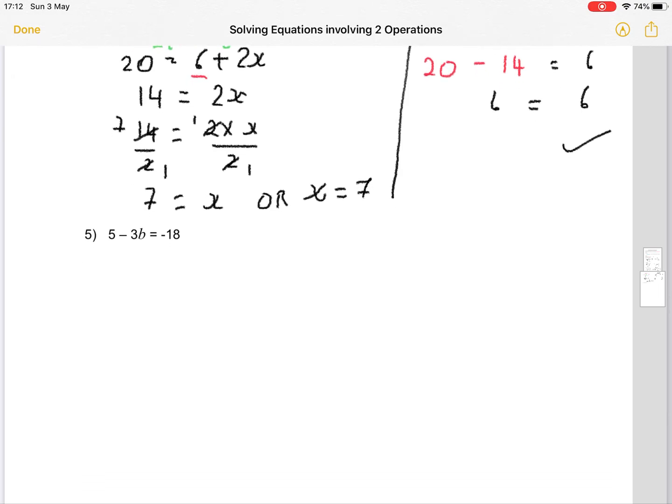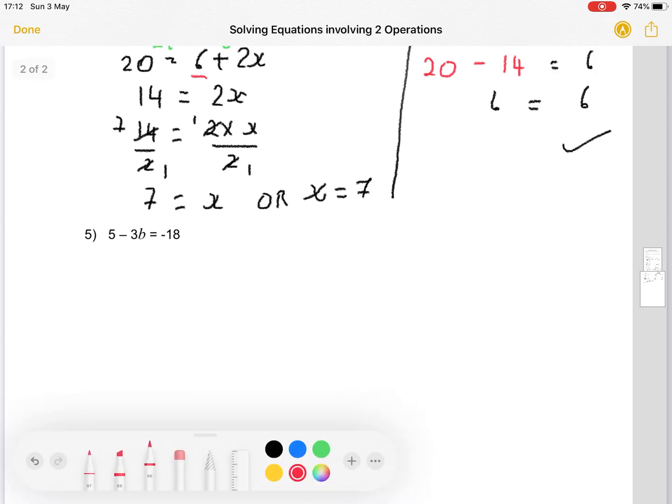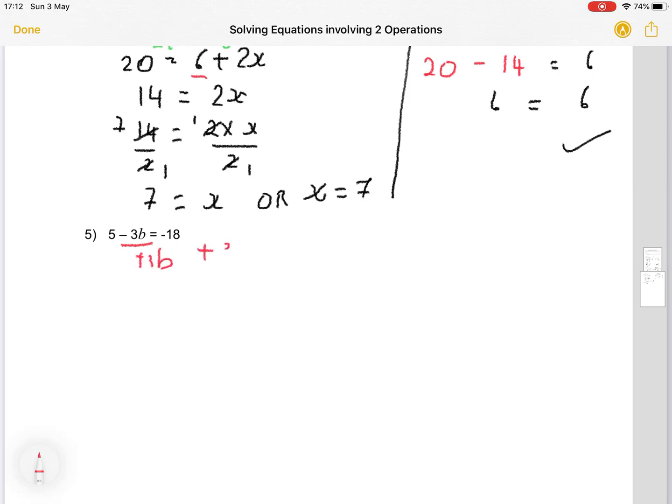Number 5. 5 minus 3b is equal to negative 18. In this case, we must end up with a positive 3b, not a negative 3b. So first we must remove that negative 3b by adding a 3b on both sides. So 5 is equal to negative 18 plus 3b.